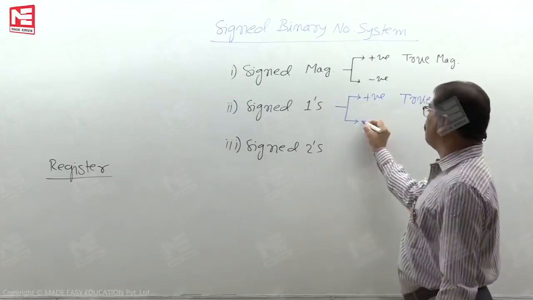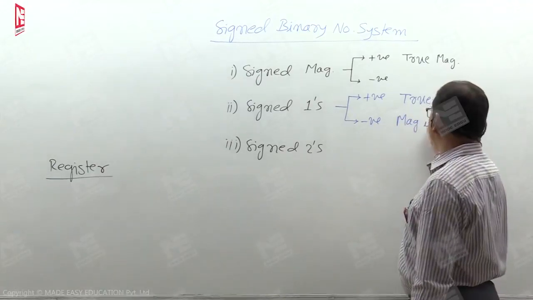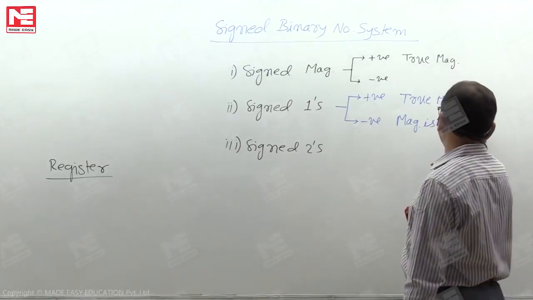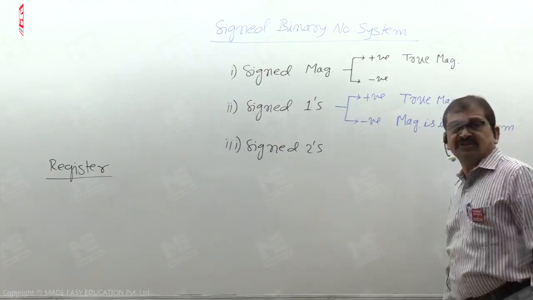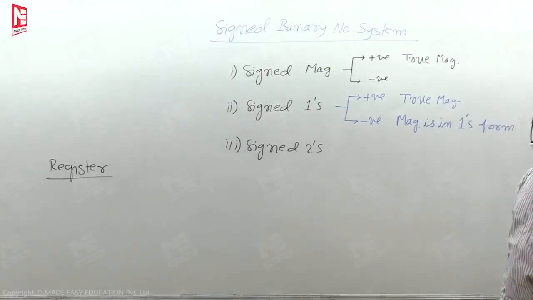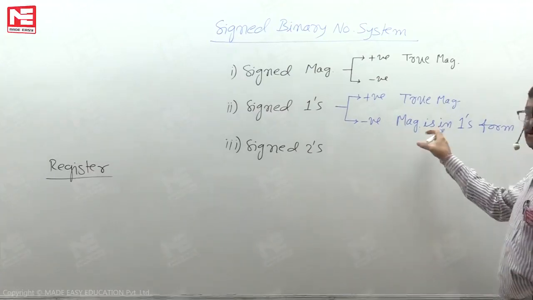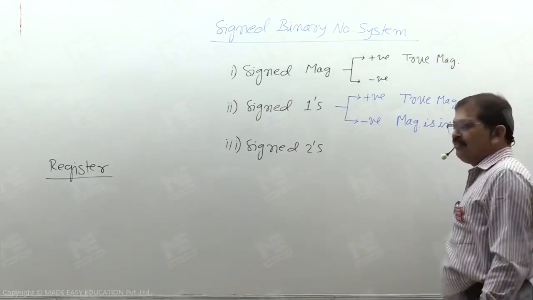When the number is negative, the magnitude is in 1's complement form. So whenever the number is negative, the magnitude is not true magnitude; it is in 1's complement form.